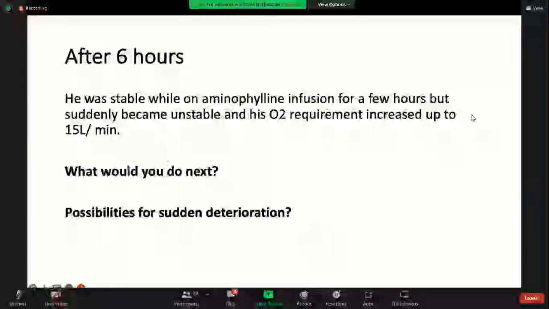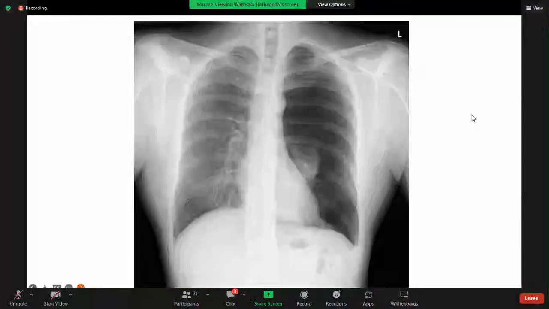Madam, like pneumothorax or type 2 respiratory failure. Okay, good. So what would you do? For the pneumothorax, we can examine, or go for a chest X-ray. For the type 2 respiratory failure, we can do a blood gas analysis.